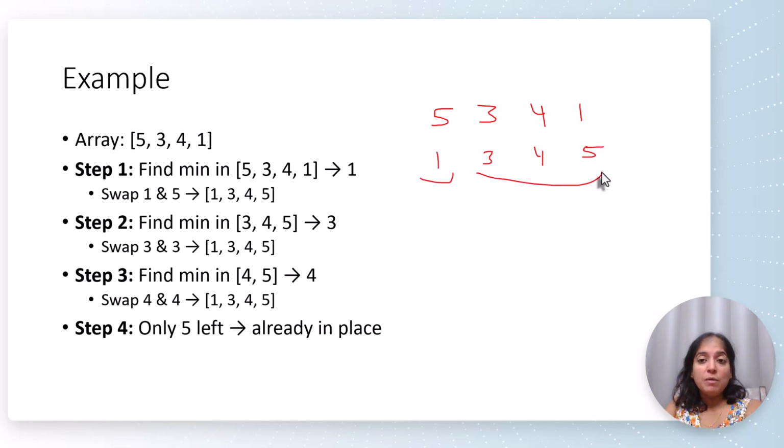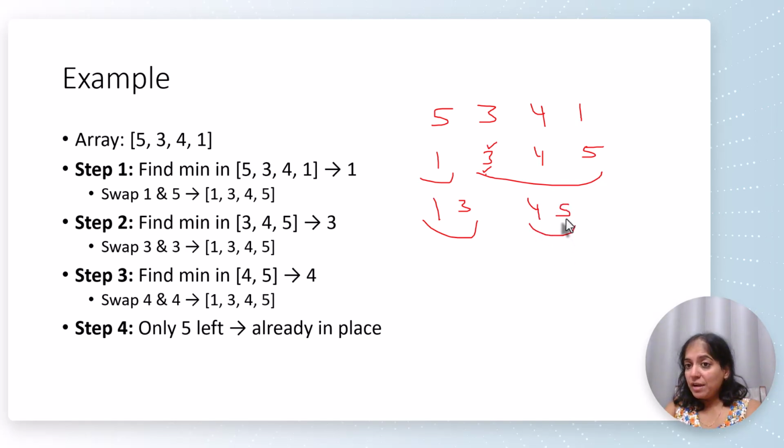Now you have to perform operations always in the unsorted array. Now again find out the minimum element in the unsorted array. This is 3. It should be the first element. So swap it with itself. So now 1 and 3 become the sorted array. 4 and 5 become unsorted.